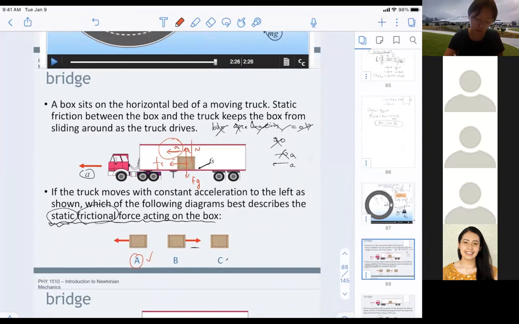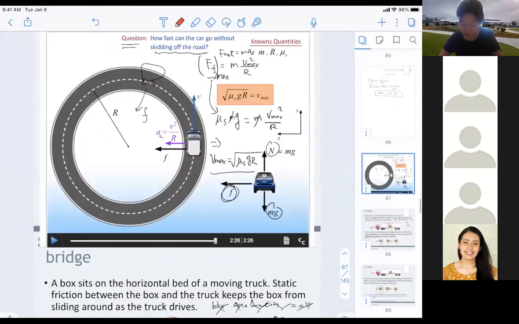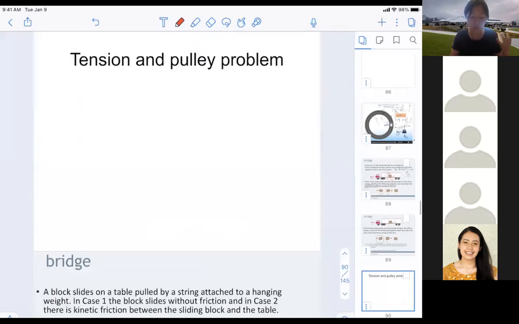Yeah, like if you wanted to lift it up, obviously you would change it in the y direction. Right, okay, thank you. Thank you for the question. Very good. Okay, so let's move on to talk about a different type of problem.